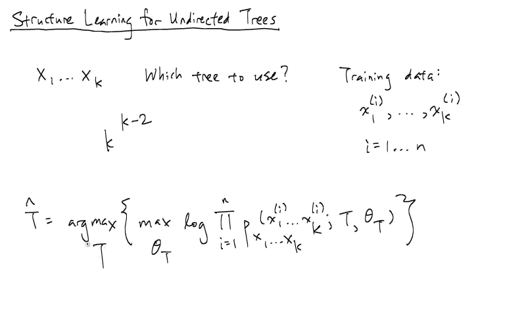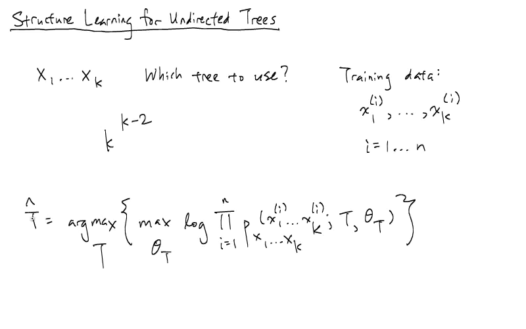So we're trying to find the best tree such that once we fix a tree, then we can do maximum likelihood for that specific tree. That's what's in these curly braces: a parameter estimation. We're going to pick the best parameters for this specific tree.